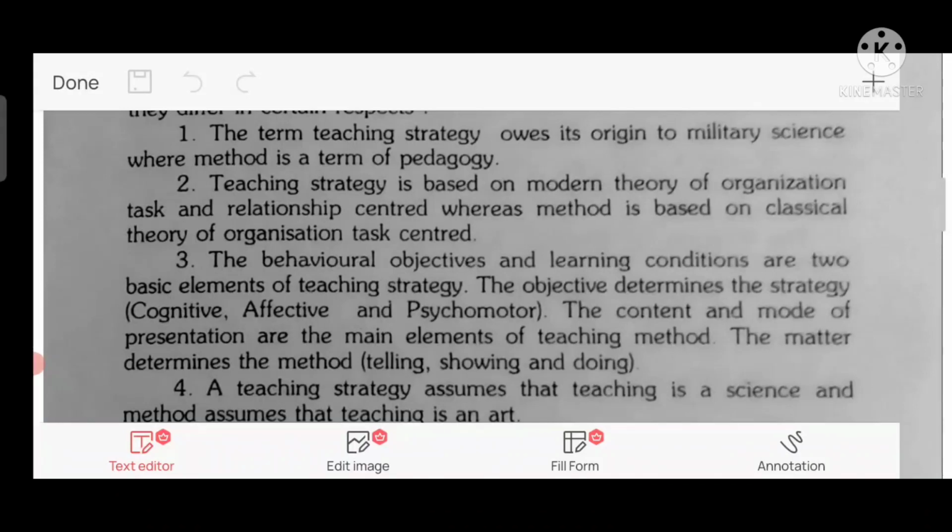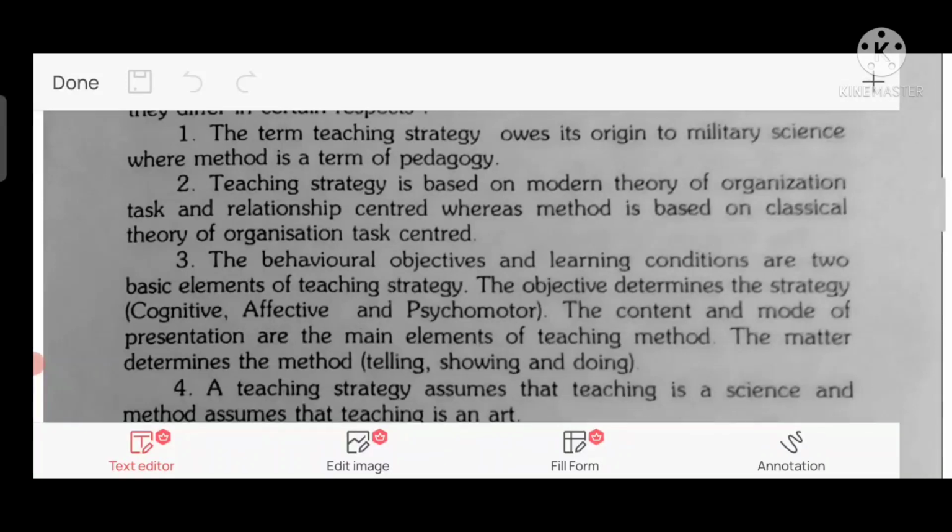Point number 3, the behavioral objectives and learning conditions are two basic elements of teaching strategy. The objectives determine the strategy: cognitive, affective and psychomotor.